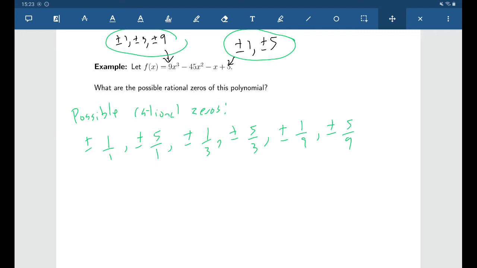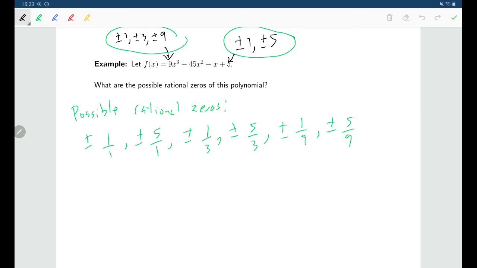Possibly x minus 1, x plus 1, x minus 5, x plus 5, those sorts of things could be factors of this polynomial, and these are the only possible rational zeros for that polynomial. So if I wanted to now factor this polynomial, I would just have to test those 12 rational zeros, and hopefully one or more of them will turn out to be zeros of my polynomial.